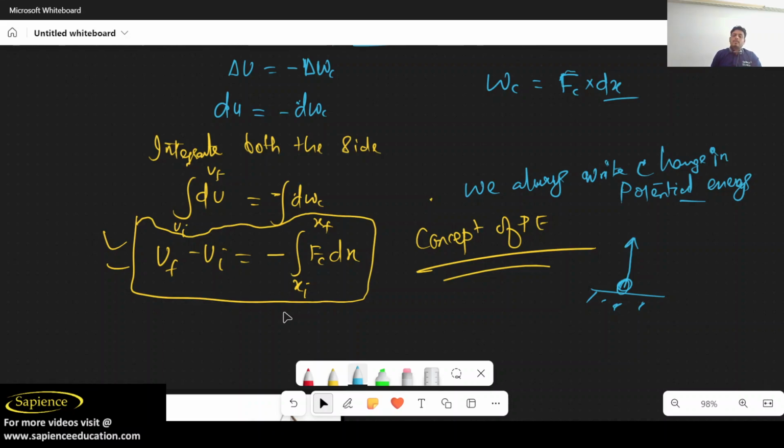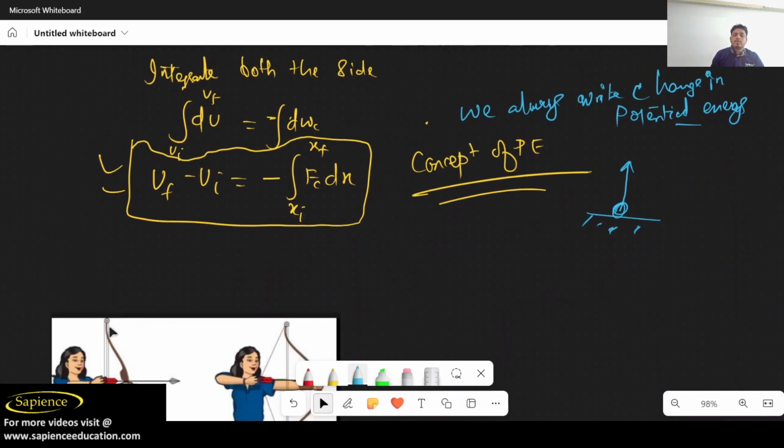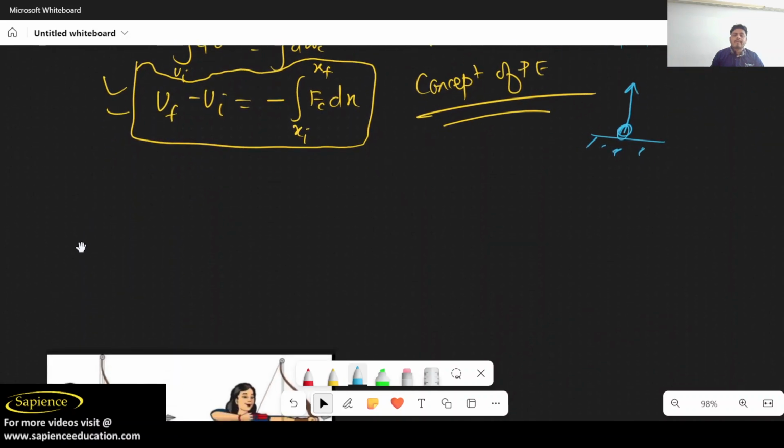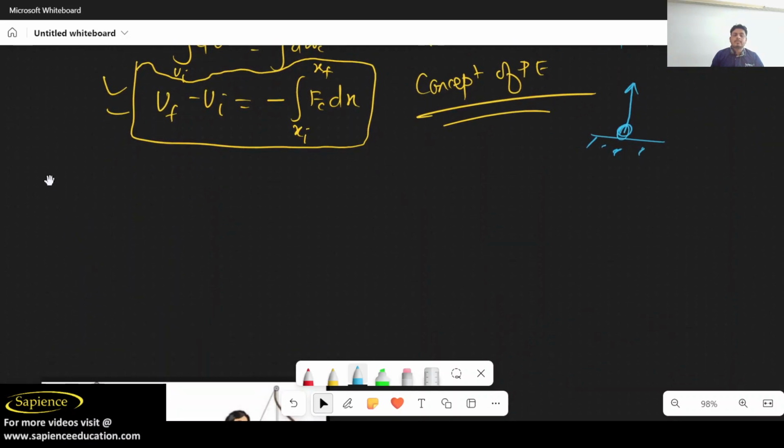Okay, now I will talk about spring. Now one important note point is there. I want you to write one note point. Note point: potential energy is an invisible form of energy.